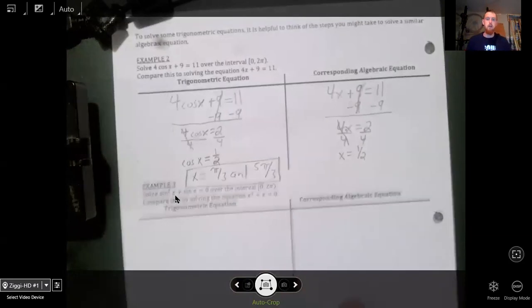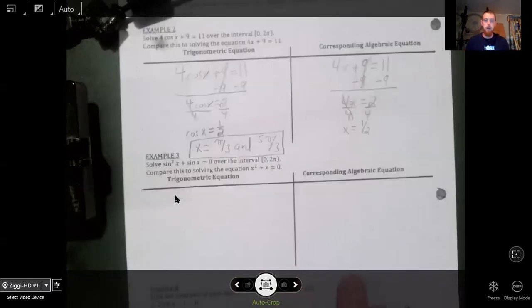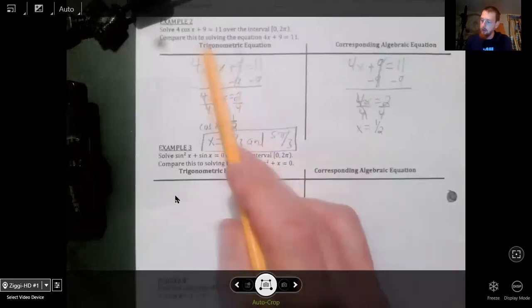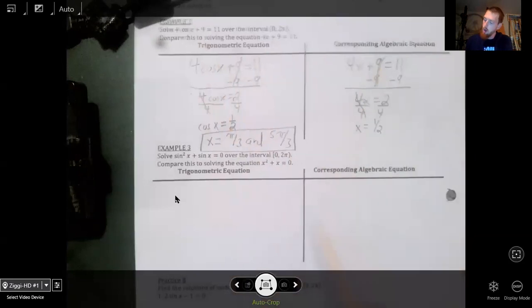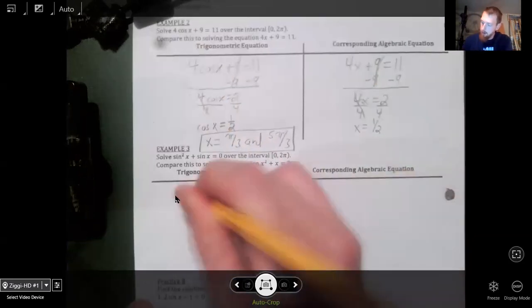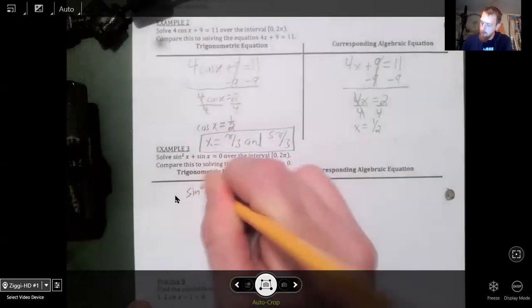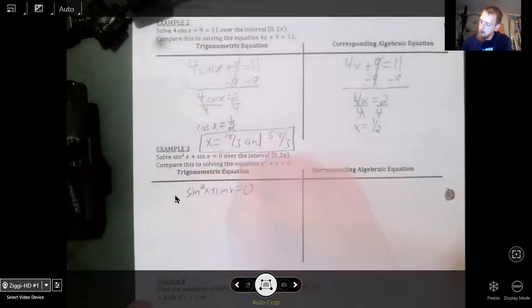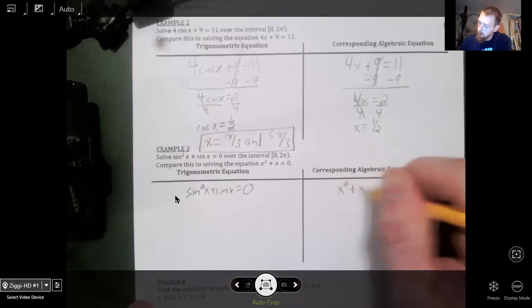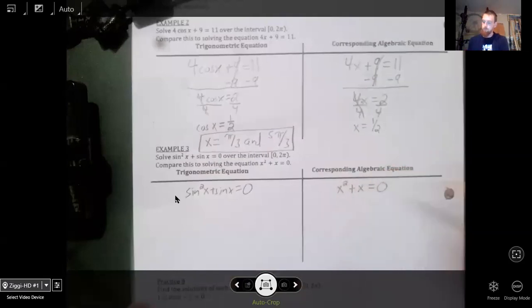We're trying to solve that over the interval from 0 to 2 pi. Well, just like we treated cosine of x like x to get the algebraic equation, over here we're going to try to compare sine squared of x plus sine of x equals 0 to the equation x squared plus x equals 0. Okay?